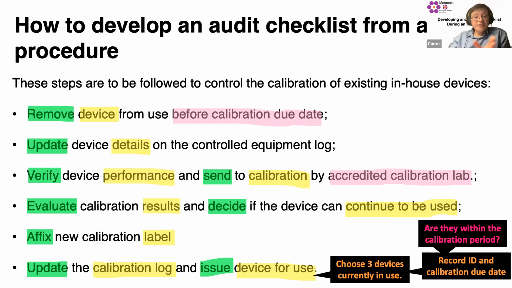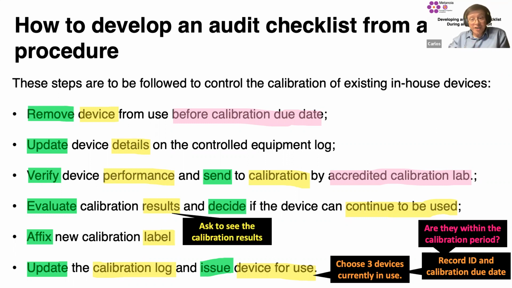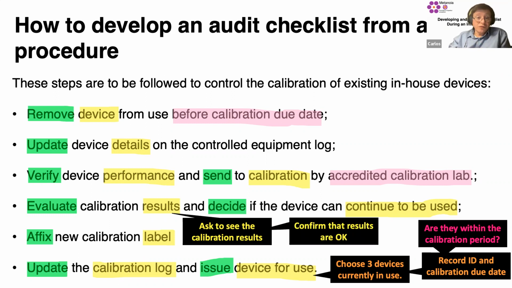Later, with this information, while auditing the function responsible for calibration, I can ask to see the calibration results issued by the calibration lab. And I can check if any validation of results took place. And if the results are okay, I can do the calculations or ask someone to explain them to me.